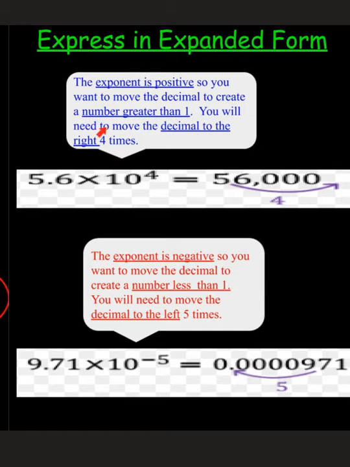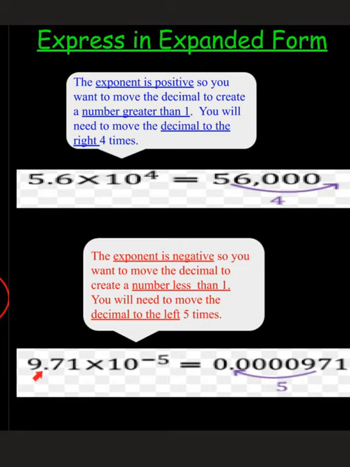So I'm going to move the decimal 4 times to the right because the exponent is 4. So my decimal is here. I'll go 1 to the end, and then that means I need to add on 3 zeros. So that's one easy way. So if my decimal was here, I moved 1 to get to the end of the number, and I needed to put 3 zeros on to make it a total of 4 moves.